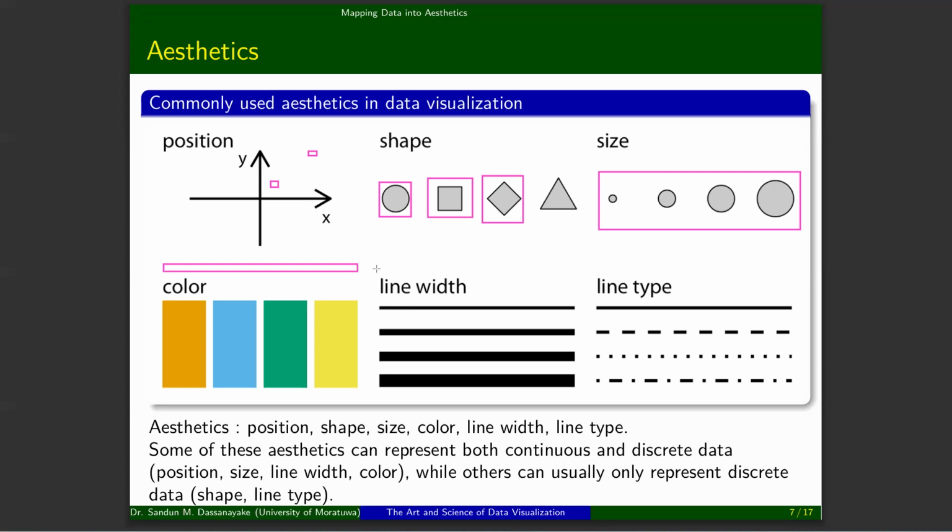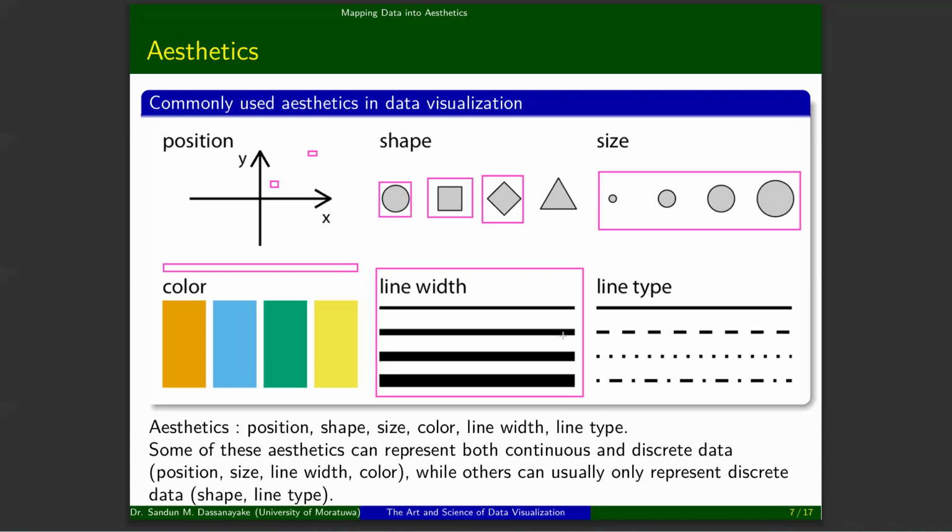Then, of course, line width can also be taken as an aesthetic, because the width changes can indicate the differences between maybe classes, right? You can have a thicker line to indicate one type of class, and a small width line to indicate a different class.